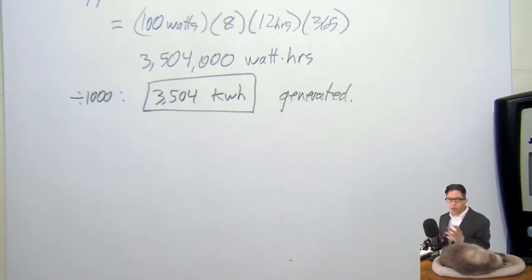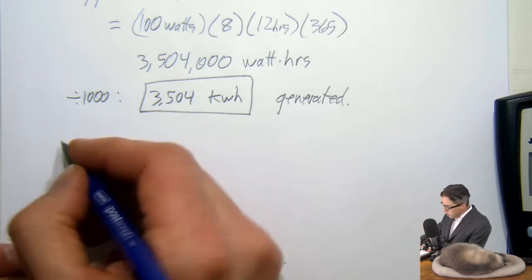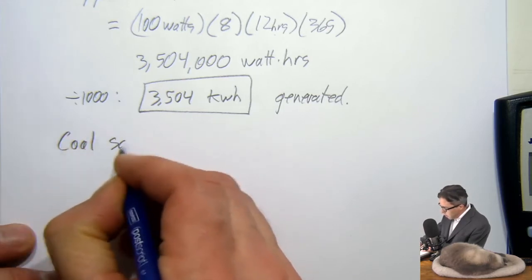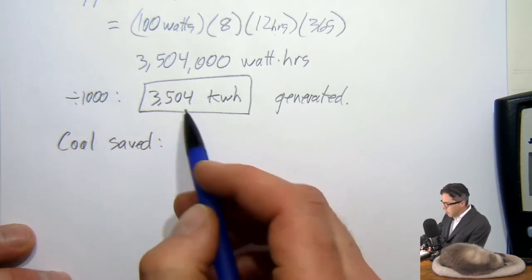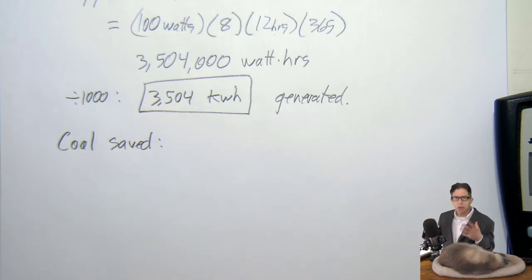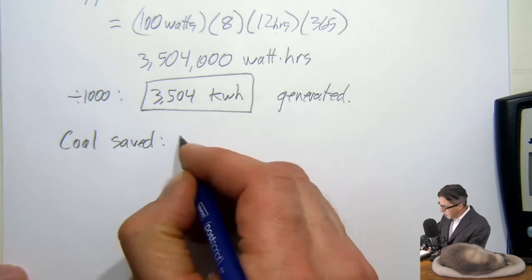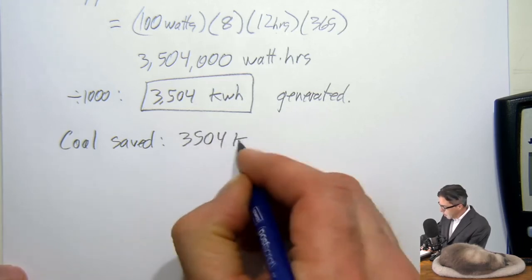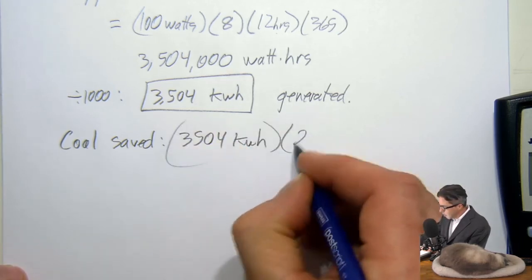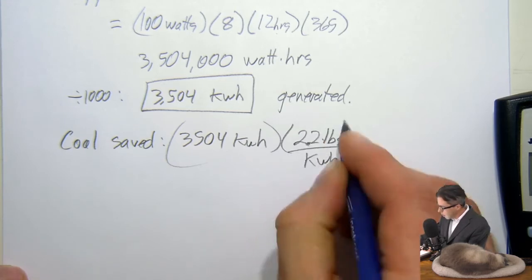A question could be, how much coal did I save from burning? How much coal did I not have to burn, right? Remember, we'll do it in pounds. If this was a question and we had to burn coal to do this, we would multiply this by 2.2. So it's the same kind of question. 3,504 kilowatt hours, and it takes 2.2 pounds for every kilowatt hour.